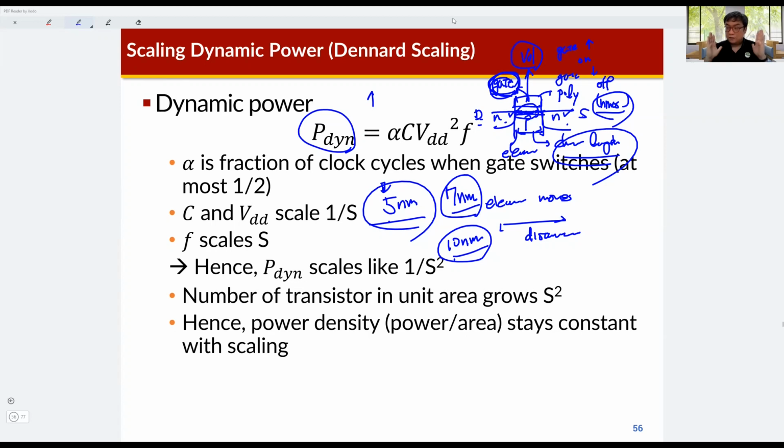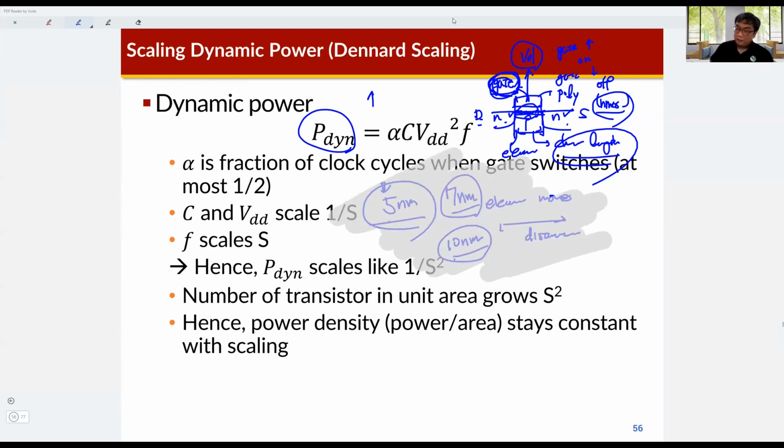That means the speed of the transistor can be faster, because it's like the different distance between Seoul to Busan or Seoul to Daejeon. If the distance is short, then we can go to Daejeon faster than Busan. Okay.